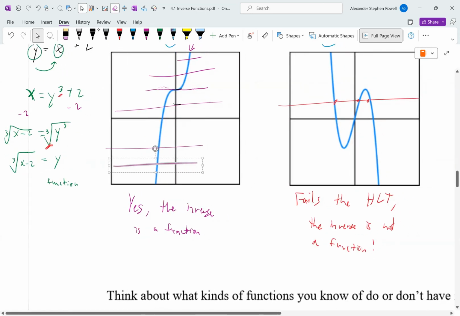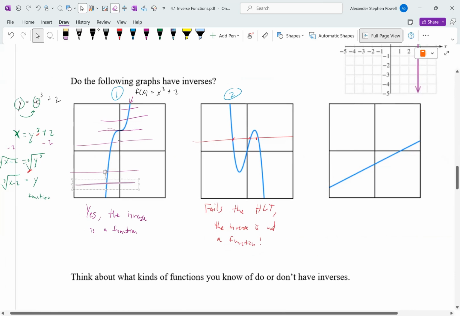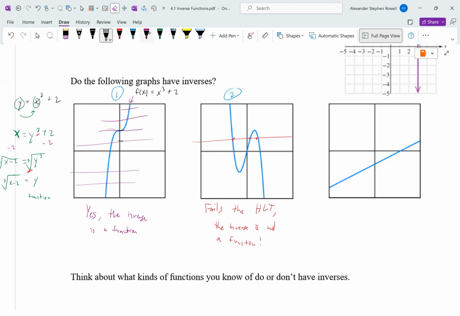Things that have inverses help us solve equations. Okay, straight lines. Do straight lines have inverses that are functions? Yes, the inverse is a function.